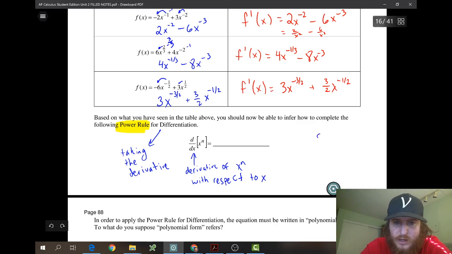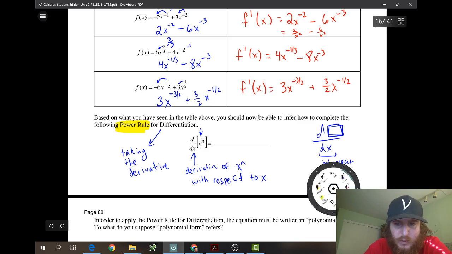So the D part is showing that we're going to take the derivative of something. And then this bottom part is telling us what variable we're using. So this is the with respect to x. So in this case, in this box is the x to the nth power. So that's the notation. That's how we read that.